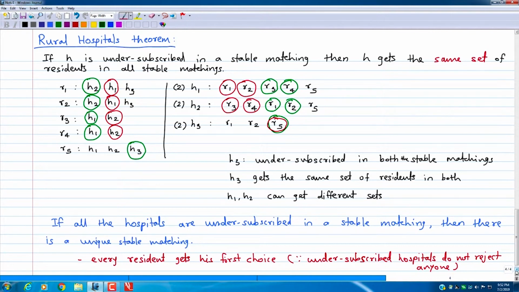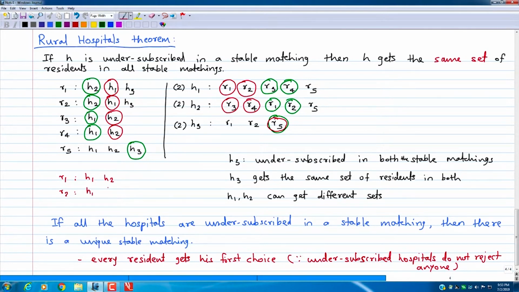So the other way around is not true. If there is a unique stable matching, that doesn't mean every hospital should be undersubscribed. So a simple example is when there are two residents and two hospitals, and say the hospitals have capacity 1.